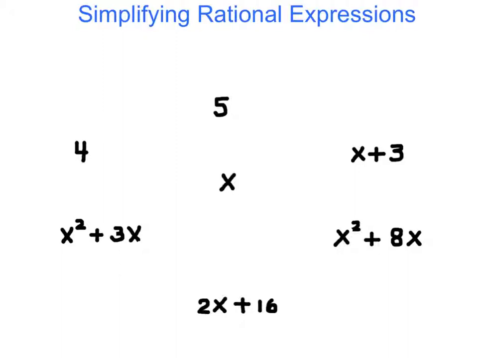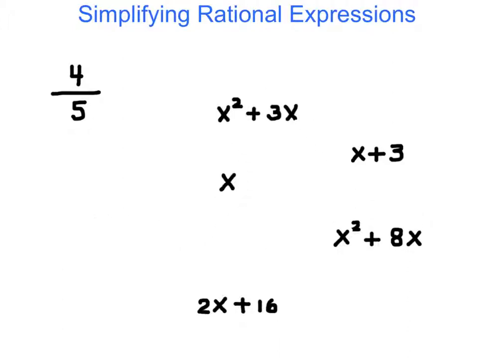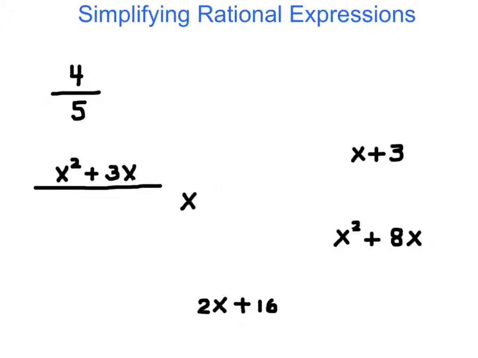For example, we could have 4 over 5, or we could have, let's try one down here, x squared plus 3 over x times x plus 3.